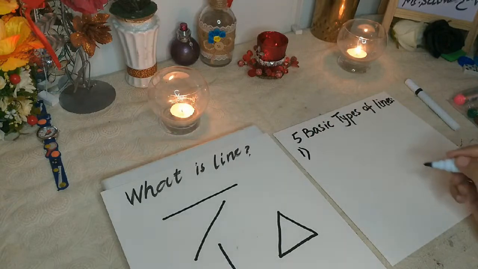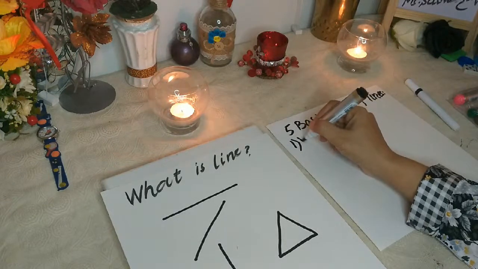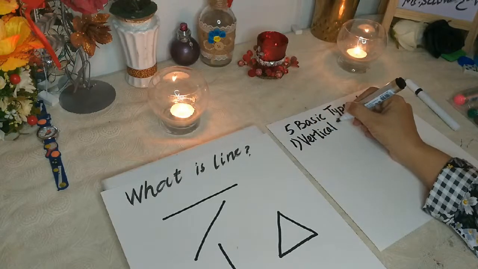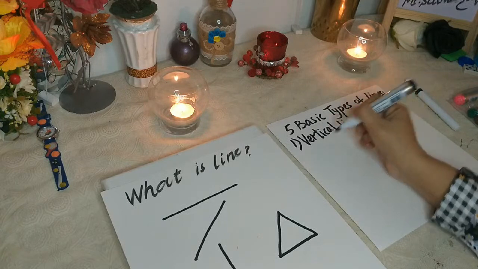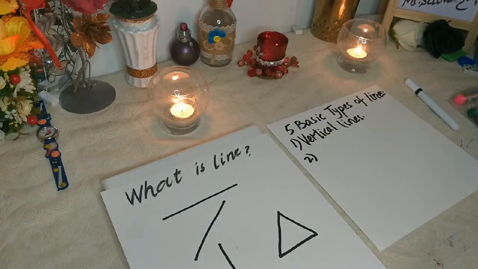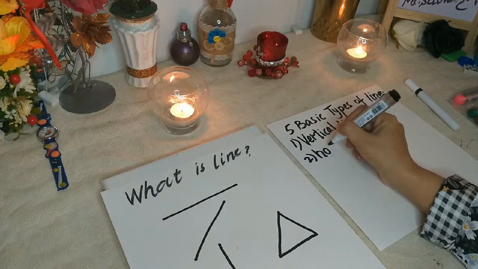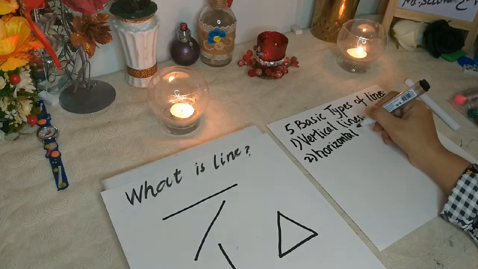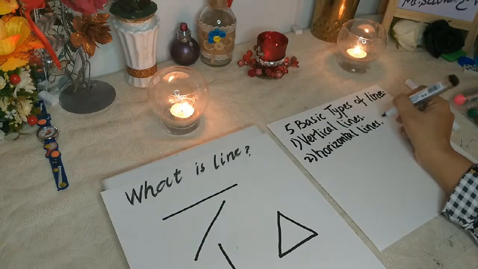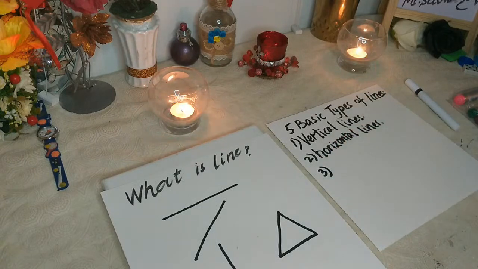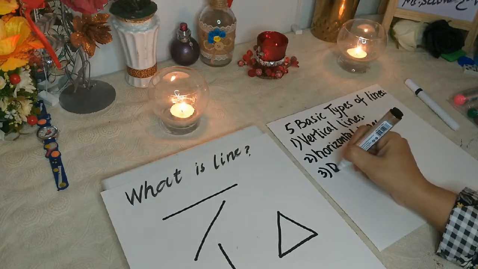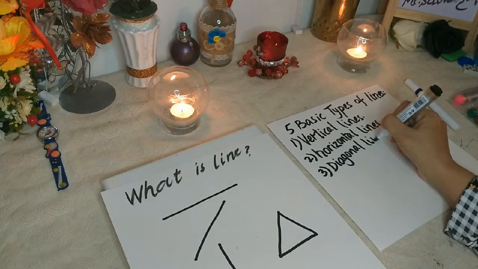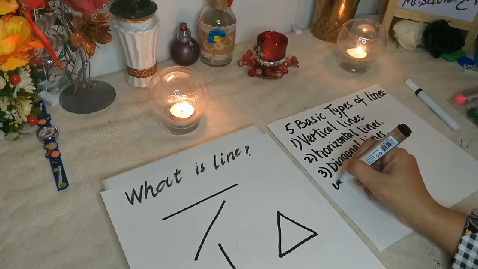First one is vertical. Second is horizontal lines. Third is diagonal.